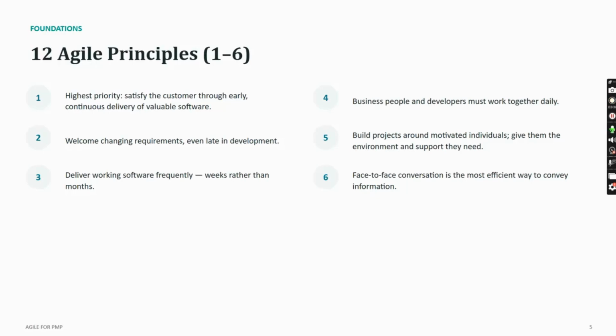And then build projects around motivated individuals, give them the environment to support what they need. So this comes under servant leadership. We'll be seeing what servant leadership is in a couple of minutes. Face-to-face conversation is the most efficient way to convey information. They usually appreciate face-to-face conversation so that they can deliver the value with the highest quality as expected.